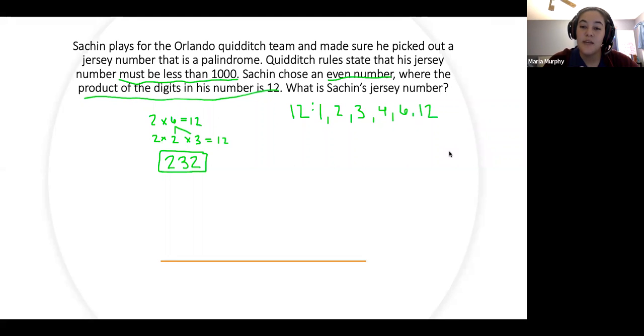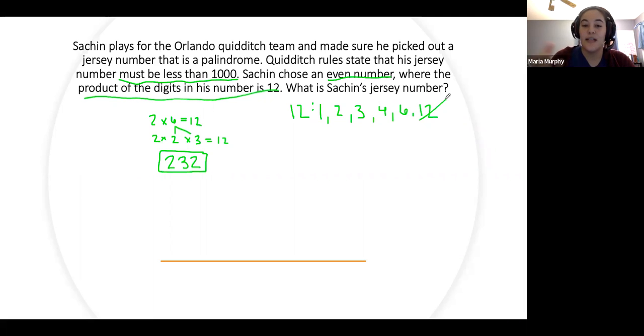But since we're thinking of just the digits themselves, I'm going to take out 12 because it's not just one digit, it's 2. So I want to be looking at the digits that I can use, which are 1, 2, 3, 4, or 6. We know 0 can't be a digit because the product of 0 times any number would be 0, not 12.